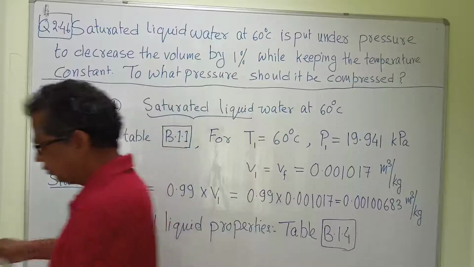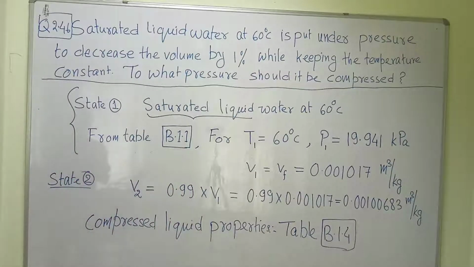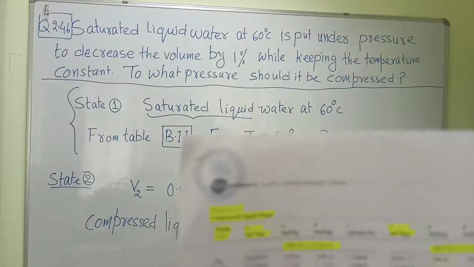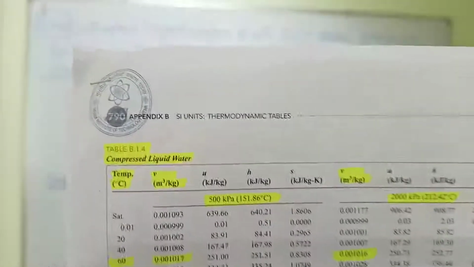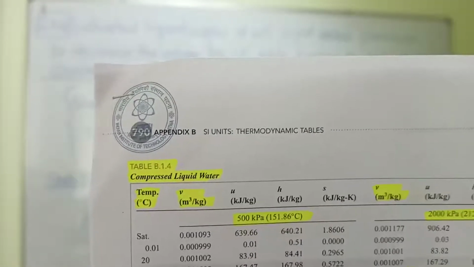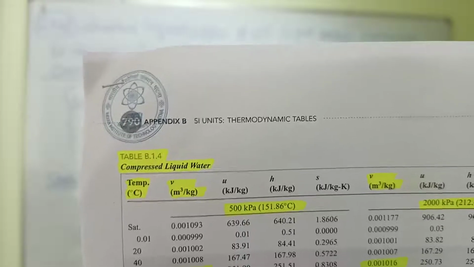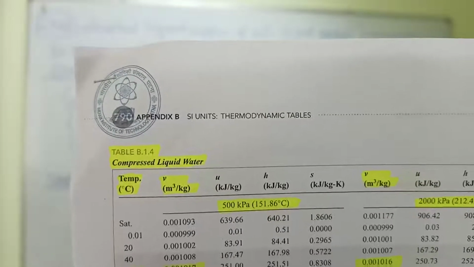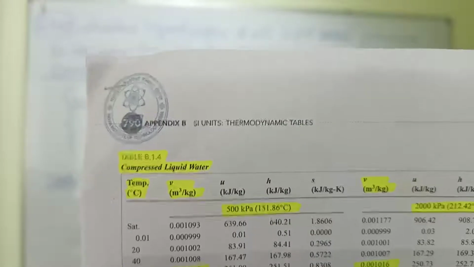Let me show you how to read this table. So this is the table B.1.4, compressed liquid. Here the substance is water.